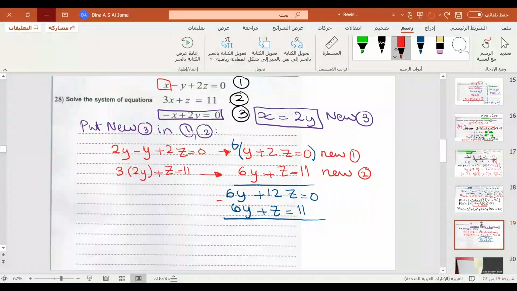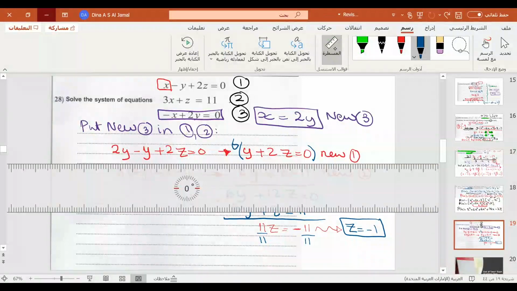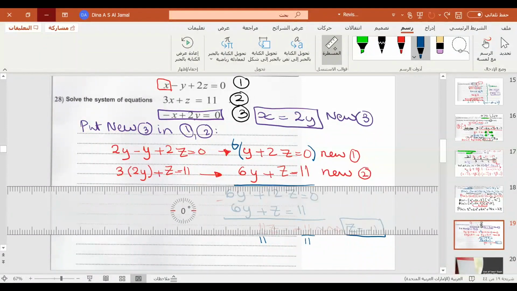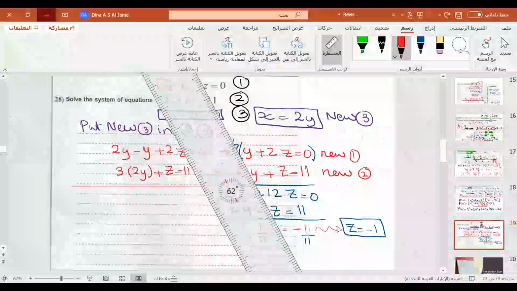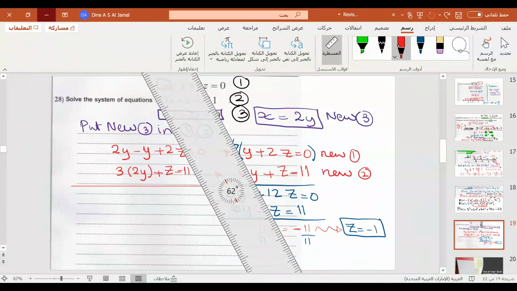So 12z minus 1z, it will be 11z. 0 minus 11 is minus 11. If you divide both sides by 11, you will have z equals minus 1. And with this, you are done solving your z. So let's make lines here to find the rest.